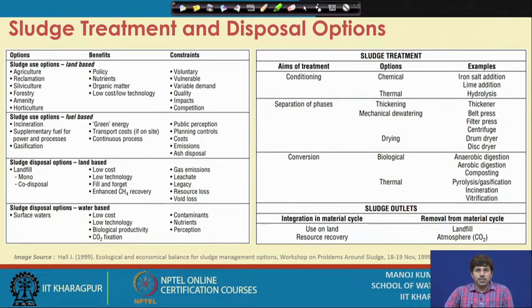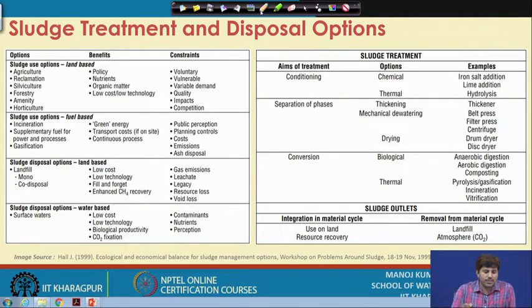Looking at the treatment and disposal options, as we were discussing, there are land-based sludge use options. Sludge can be used in agricultural activities, for reclamation, in forestry, horticulture, and a variety of other things.